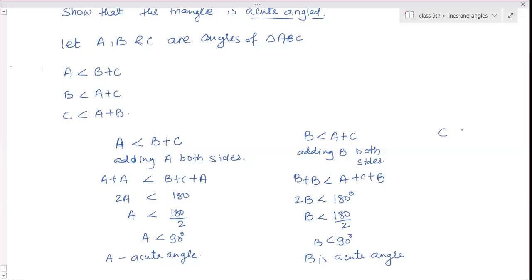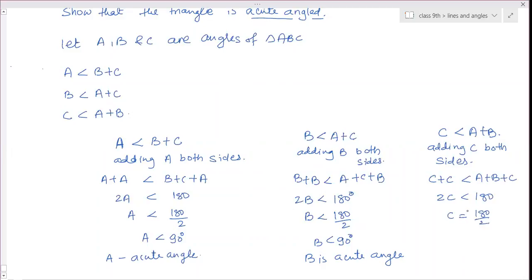Similarly for C, C is less than A plus B. So what do we have to do? Add C to both sides. So C plus C is less than A plus B plus C. So 2C is less than 180. C is less than 180 by 2, that is, C is less than 90 degrees. So therefore C is an acute angle.